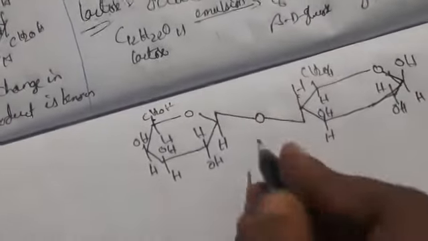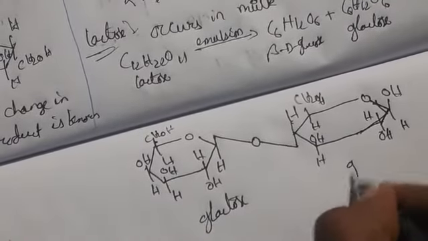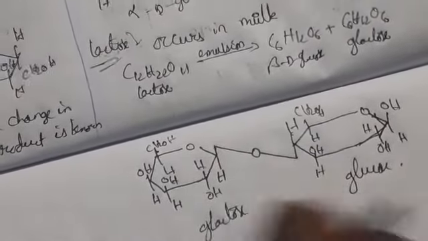This one is galactose and this one is glucose. This is the glycosidic linkage.